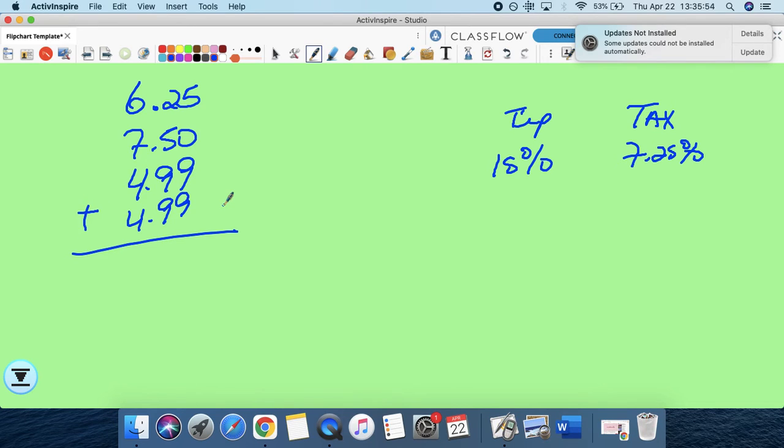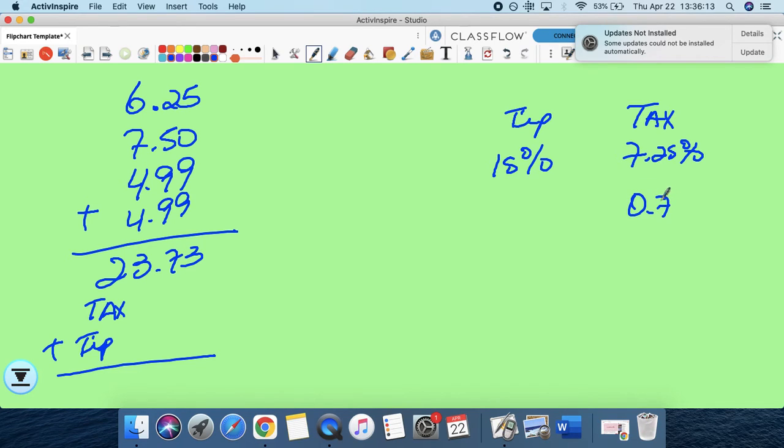So the food, el total de la comida, $23.73. So now we have to add tax and tip para ver el total. So the tax is 0.0725 times la comida, 23.73. So the tax is $1.72.